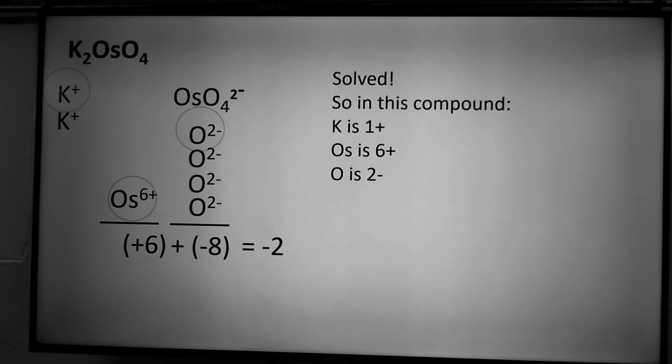You split out your 4 oxygens, you get a -8. You see where the -2 came from? The -2 came from up here. So to make that equal -2, you've got to have a +6. That means osmium is +6. So the oxidation state of potassium is +1, for osmium it's +6, for oxygen it's -2.